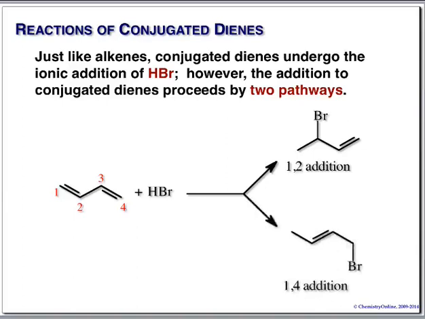That is, the hydrogen goes here, and the bromine at the other end of the molecule. So looking at our starting material, hydrogen here, bromine here. We get 1,2 and 1,4 addition.